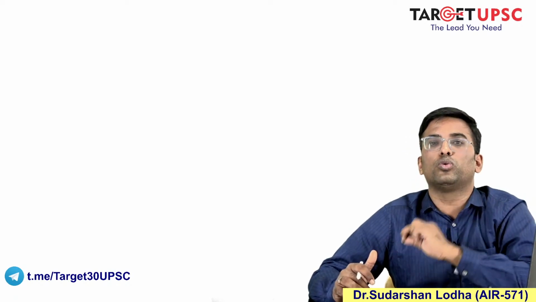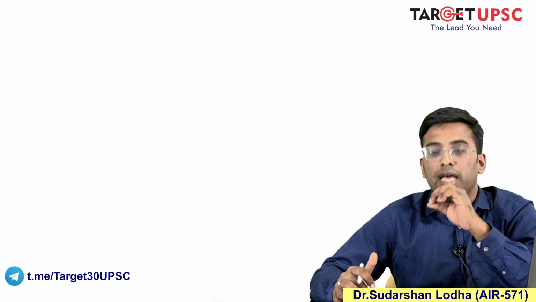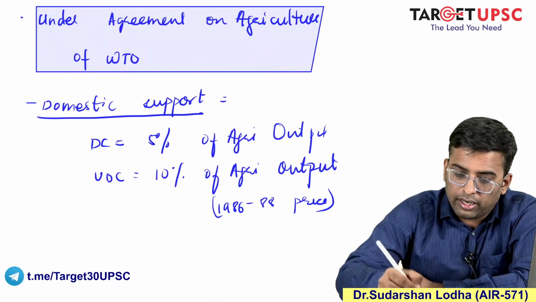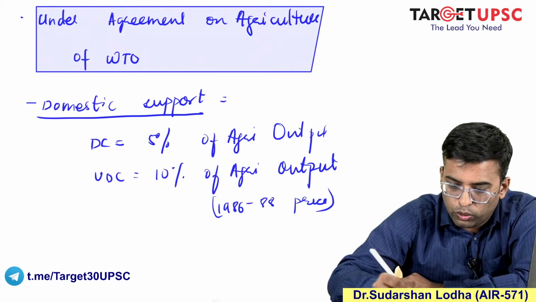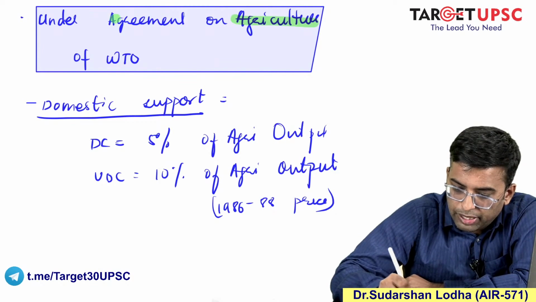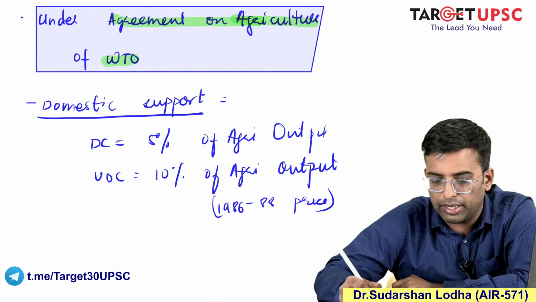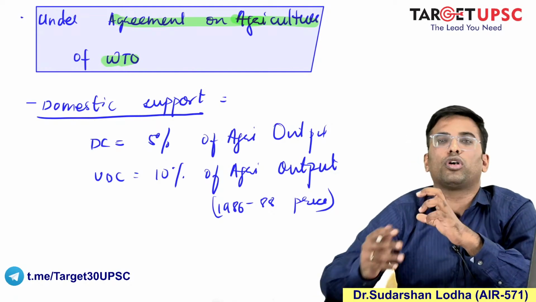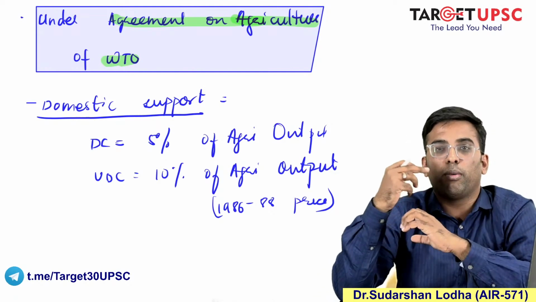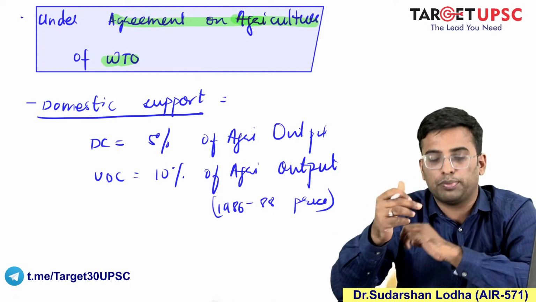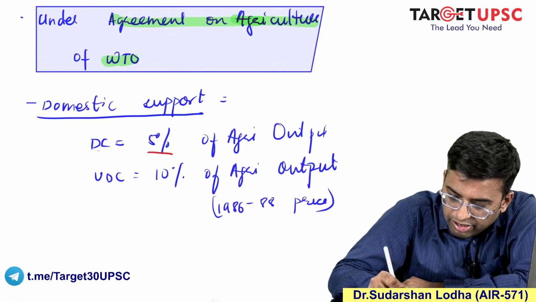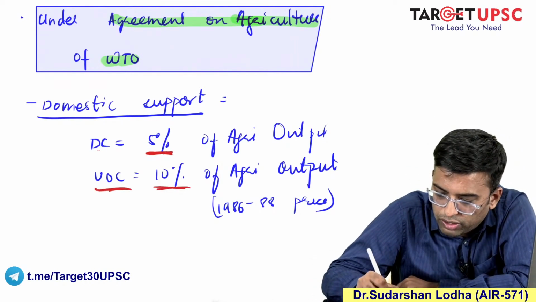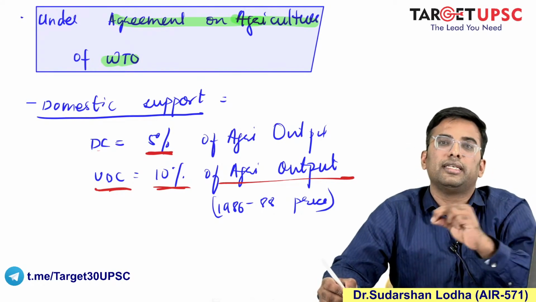There was another news with respect to WTO and complaints made by Australia and Brazil. So going to the basics, what you should know is that under the Agreement on Agriculture, which is an important agreement under WTO, the domestic support which every country can give for its farmers in the form of subsidies is this: developing countries can give 5% of the agricultural output, and the underdeveloped countries can give 10% of the agricultural output. उतना ही subsidies दे सकते हैं.